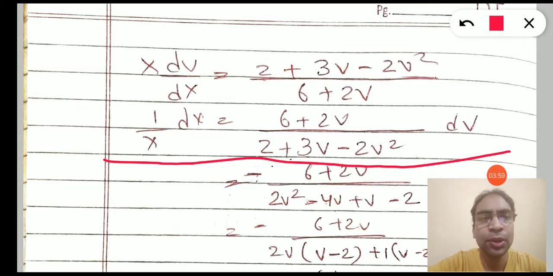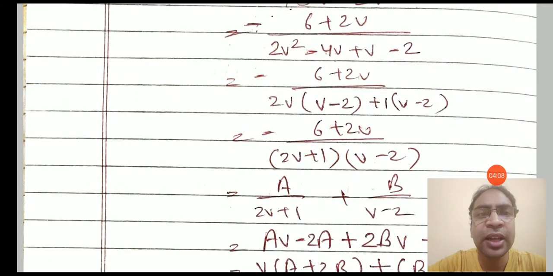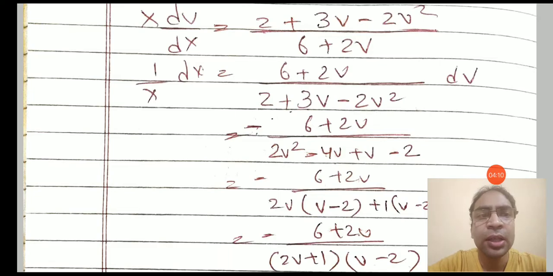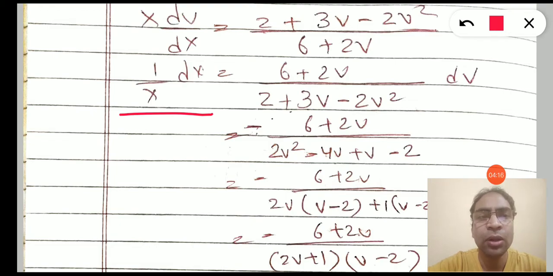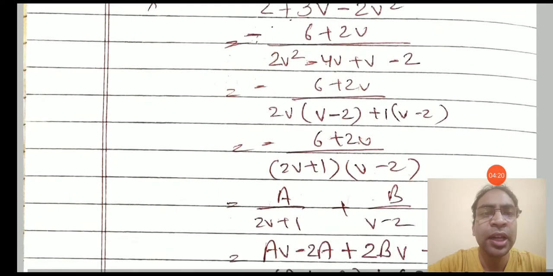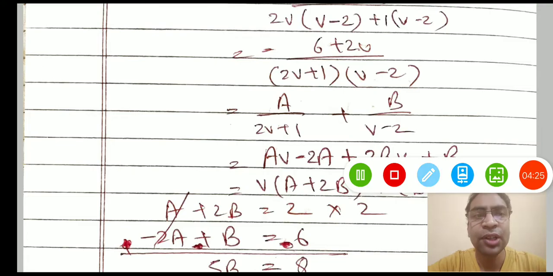You can see the calculation, you can pause the video and note it down in your copy. Now once we have separated the variables, we can perform the direct integration. The integration of 1 upon x dx is very easy, a direct formula: it will be log of x. To perform the integration of the right hand side part, we need to use the partial fraction method.